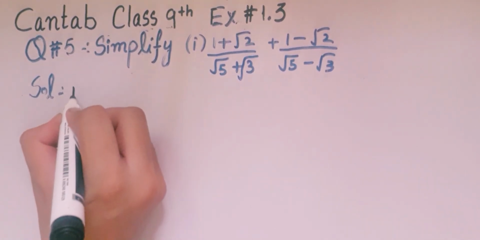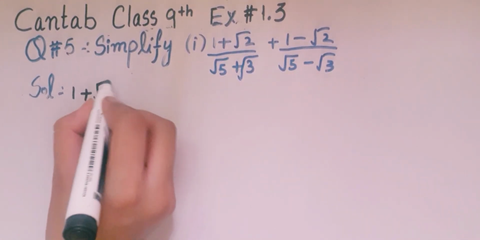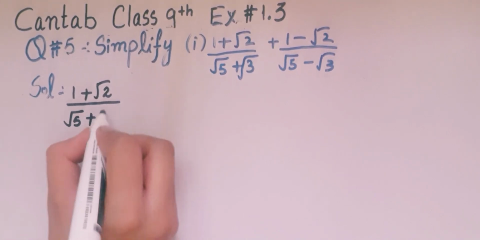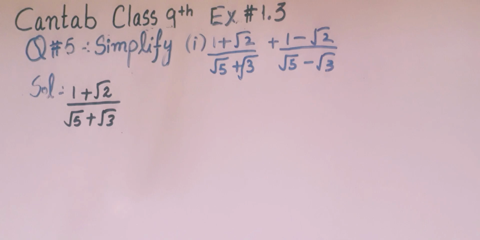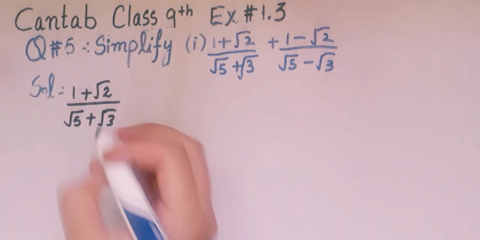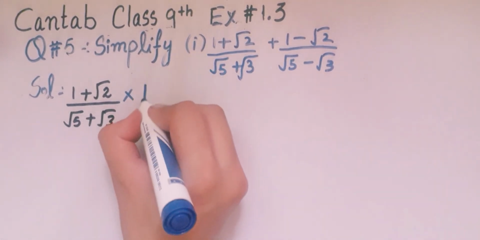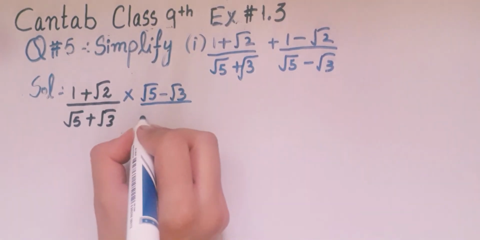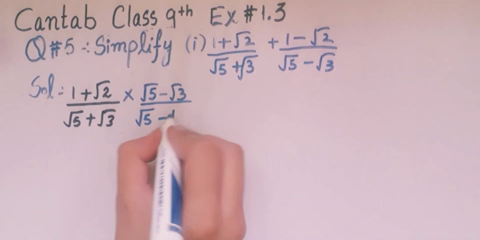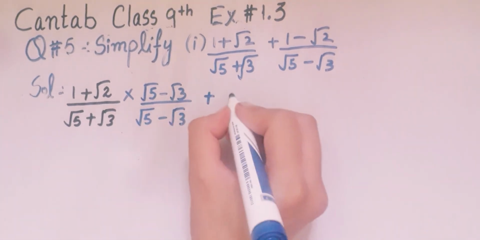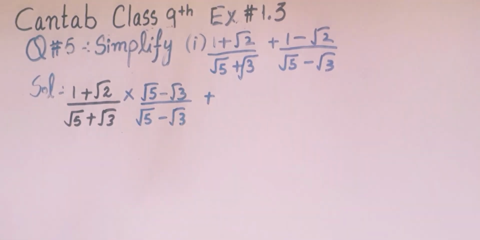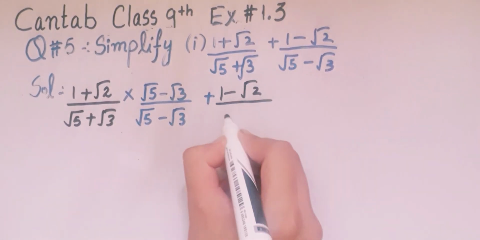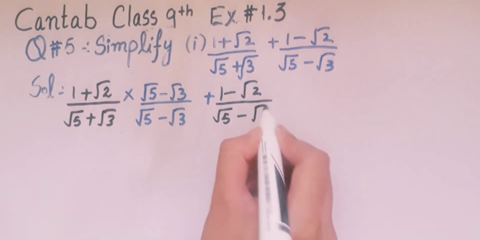First of all, 1 plus square root 2 by square root 5 plus square root 3, we will multiply and divide by conjugate of this, that is square root of 5 minus square root of 3 by square root of 5 minus square root of 3, plus 1 minus square root of 2 by square root of 5 minus square root of 3.